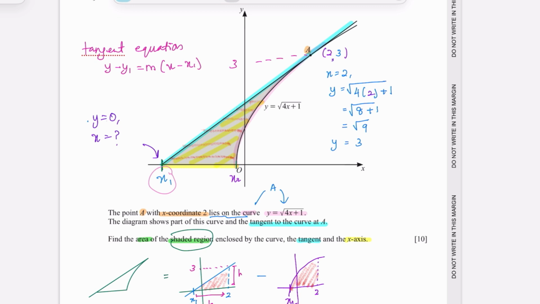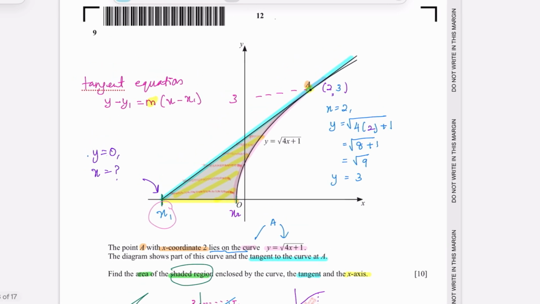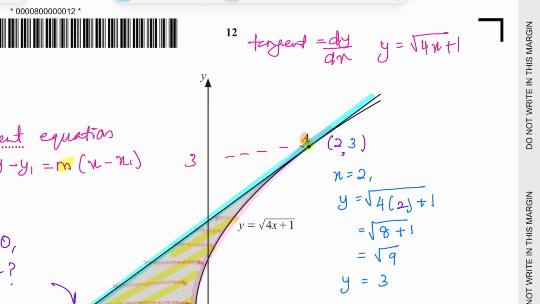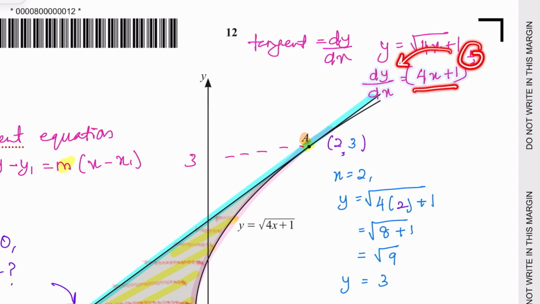Now, if we want to find the gradient at this point, we know that the gradient is equal to dy/dx of the curve. Y is equal to, let's differentiate this, 4x plus 1 to the power of 1 over 2. So this is just the power rule: power brought in front, and then inside we have another function, so we need to differentiate the inside. Differentiating 4x plus 1 gives just 4. So times 4 over 2.